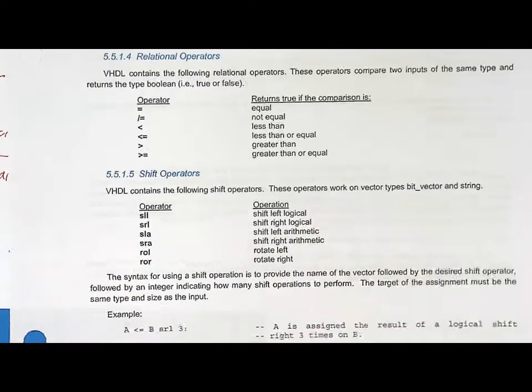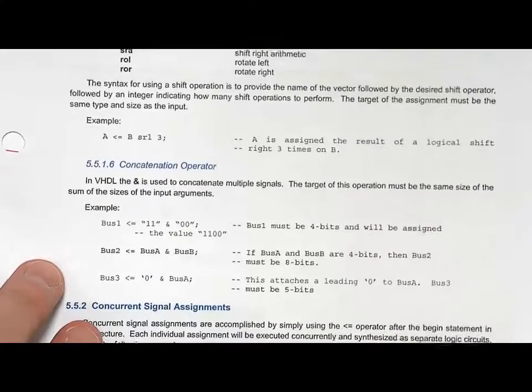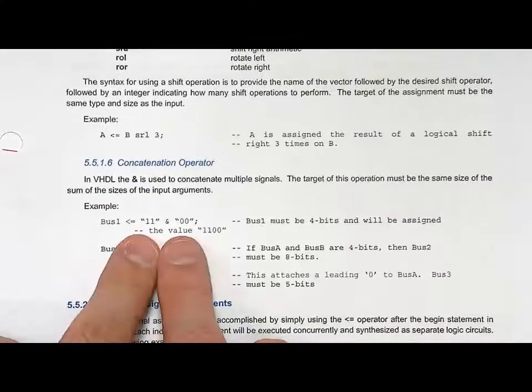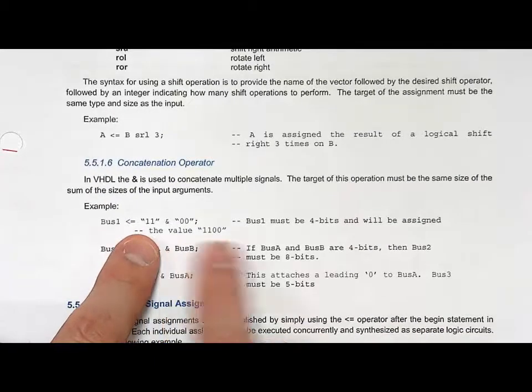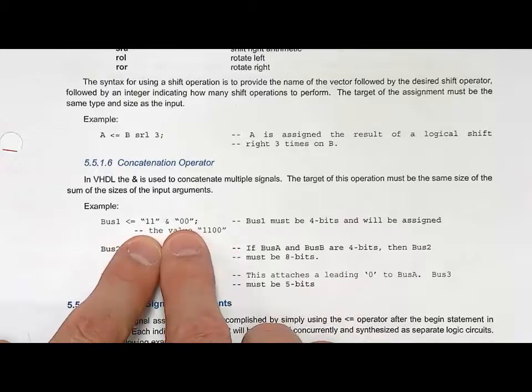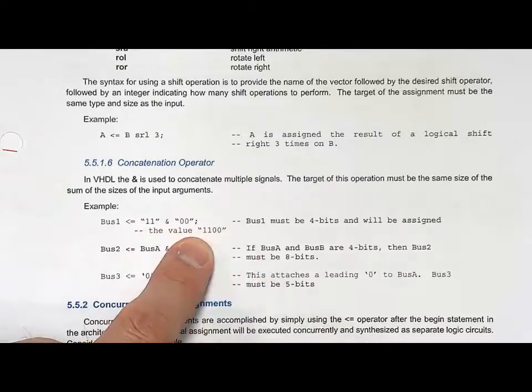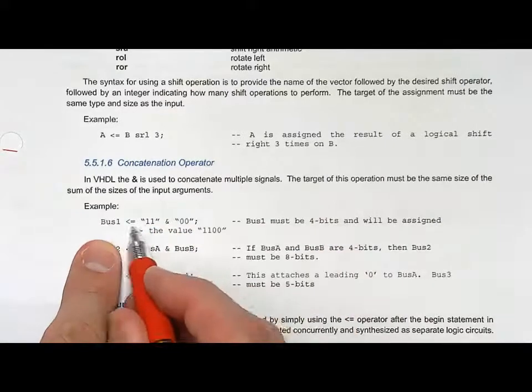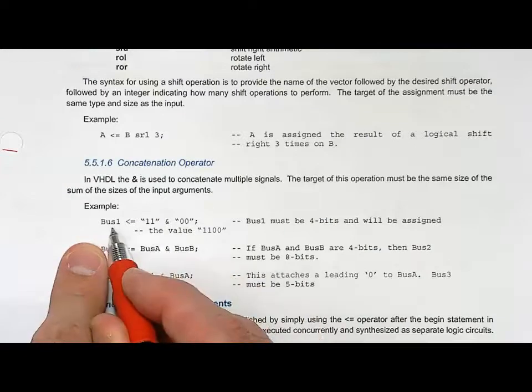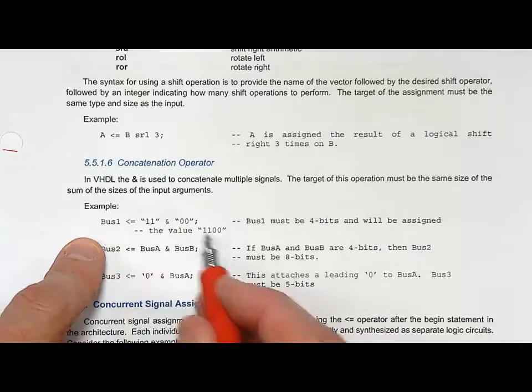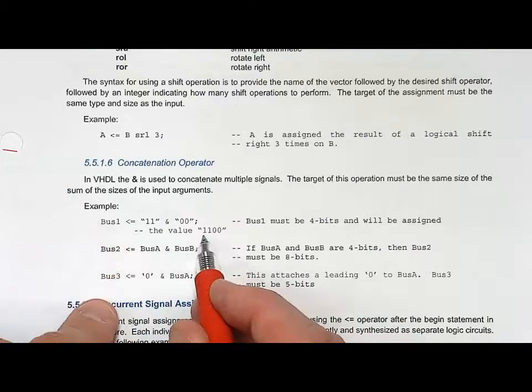And then it also has a concatenation operator in the base package. And what that does is it takes two values and combines them together. So for example, if I had 1, 1 concatenated with 0, 0, that would form the value 1, 1, 0, 0. So in this signal assignment, I assigned a 4-bit value to bus 1. Bus 1 had to be declared as a 4-bit vector.